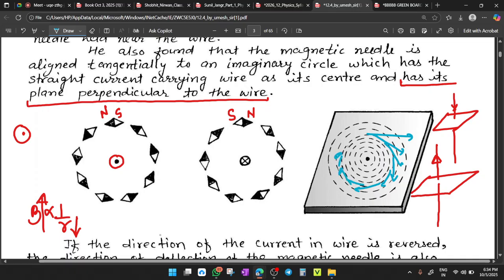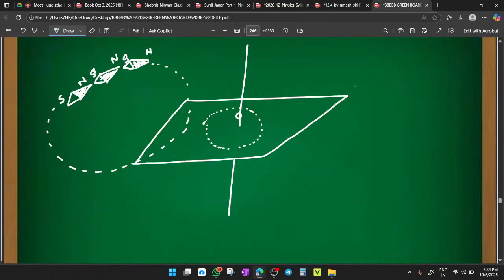Clear? And when all the needles are aligned tangentially and you join all the points, then you will have a circle. Yes or no? Like in class 10th, when you draw the pattern of the magnetic lines of forces, first you take a needle and plot the direction of the north pole.